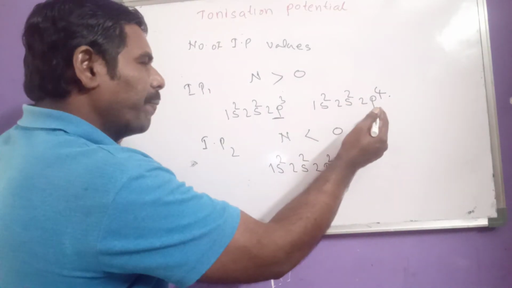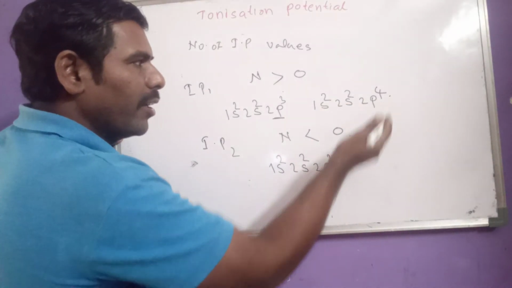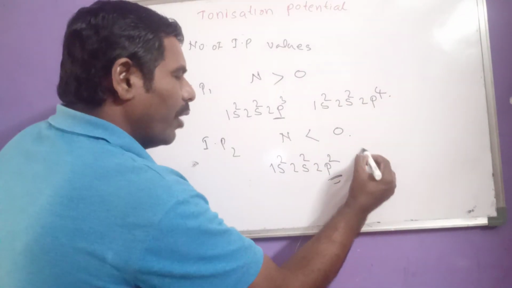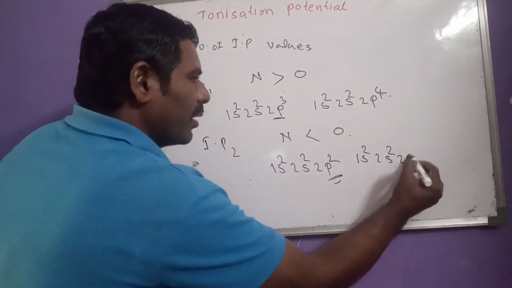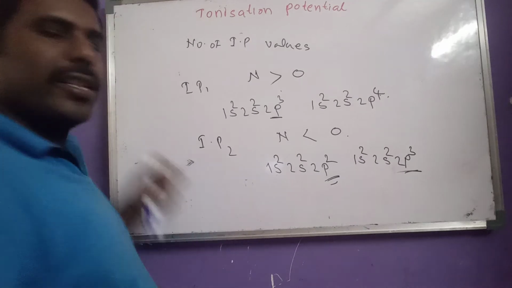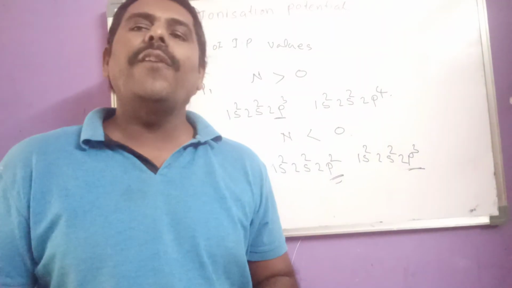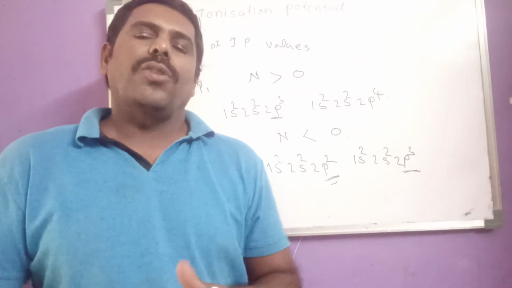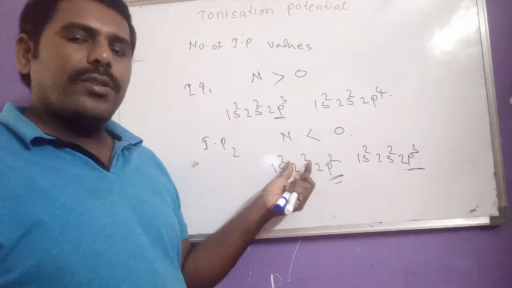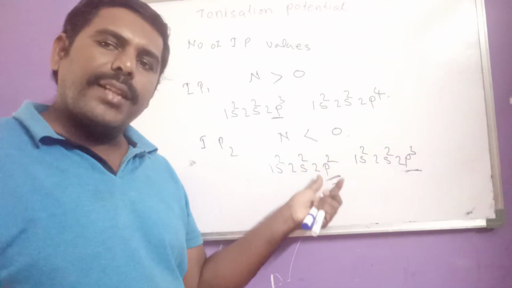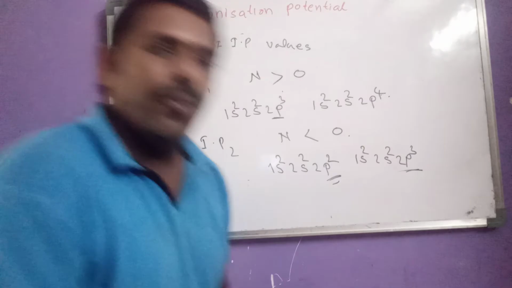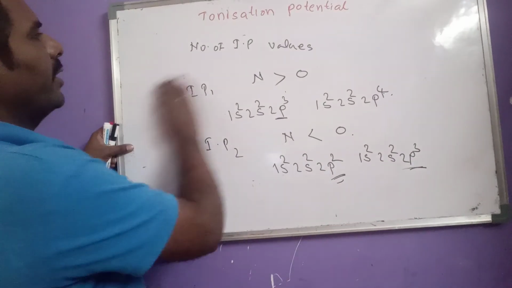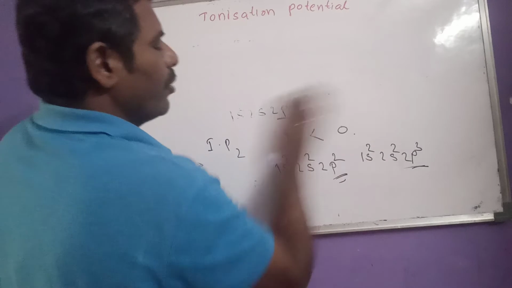But in oxygen, after removal of one electron, we get 1s2, 2s2, 2p3, a half filled configuration. So nitrogen second IP is less than that of oxygen. This is another question we get from ionization potential in competitive exams.